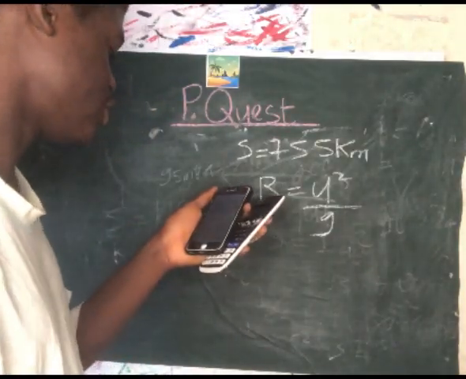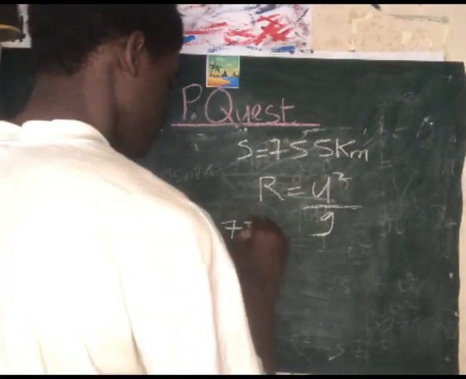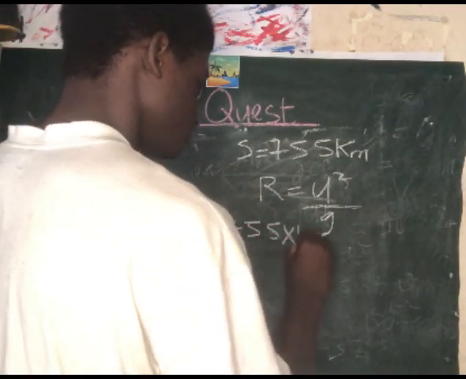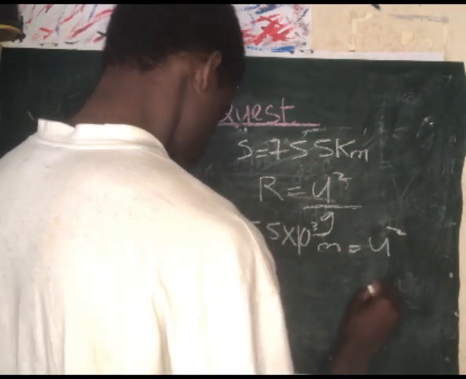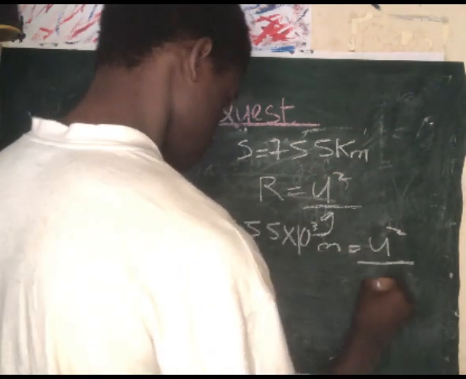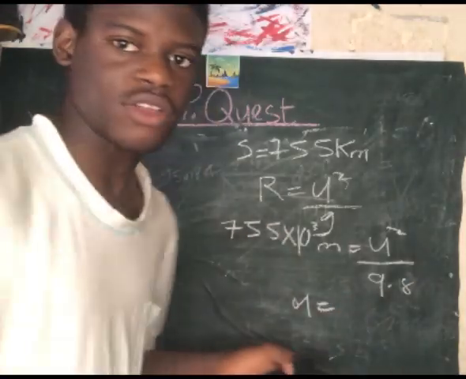Our range is 755 kilometers. That's 755 times 10 raised to the power 3 meters is equal to u squared over 9.8. Then let's calculate the velocity.